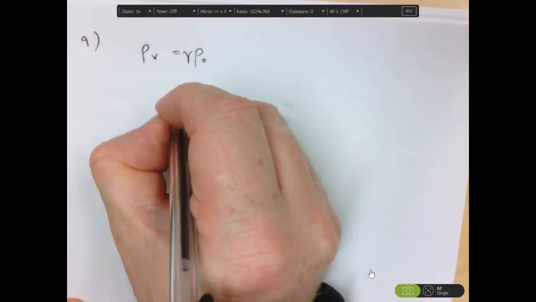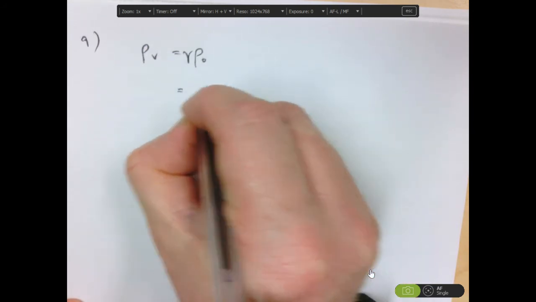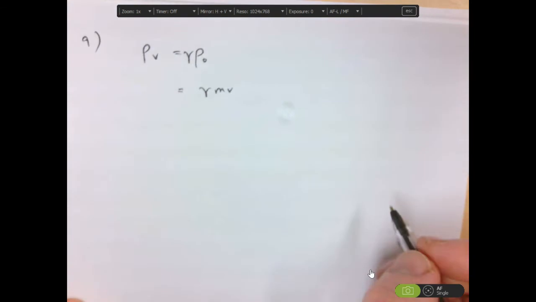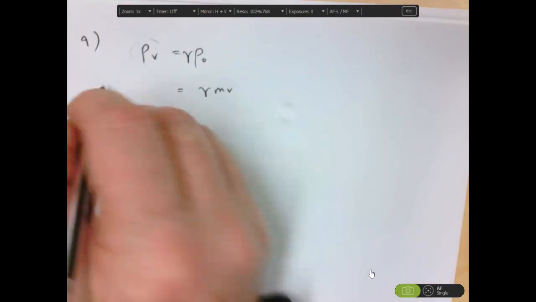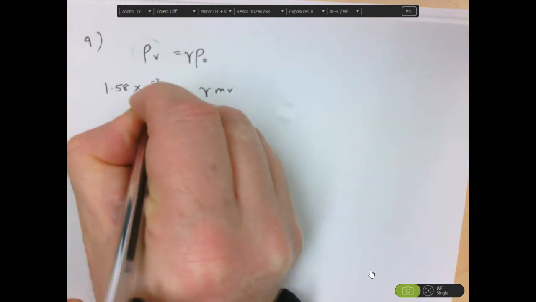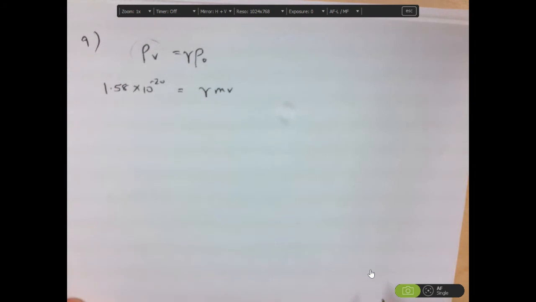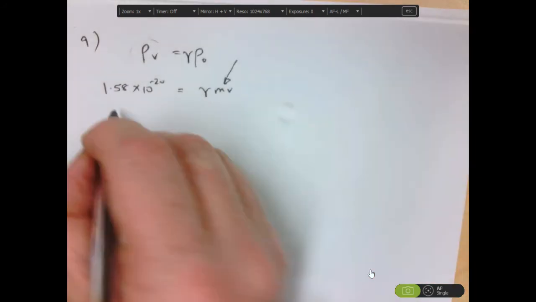So this would equal gamma mv. Now I know this value over here is equal to 1.58 by 10 to the minus 20 Newton seconds. Okay, I know this value over here because it's an electron, so I can put that one in.